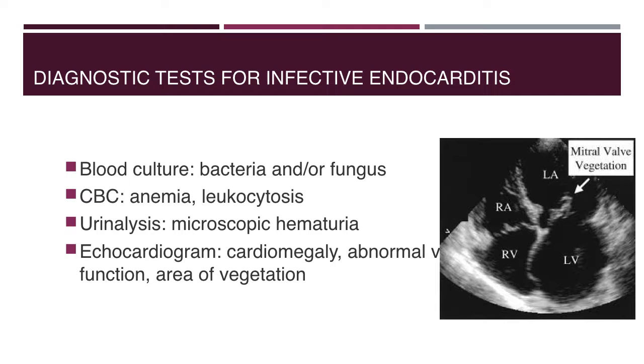And literally, when you're doing the echocardiogram, it kind of moves with the blood flow, so it looks like leaves flowing in the blood, almost like leaves in the wind. And so that's why they call them vegetations. So the treatment for this is to treat whatever the offending organism is, whether it's a bacteria or a fungus, and kill it off.